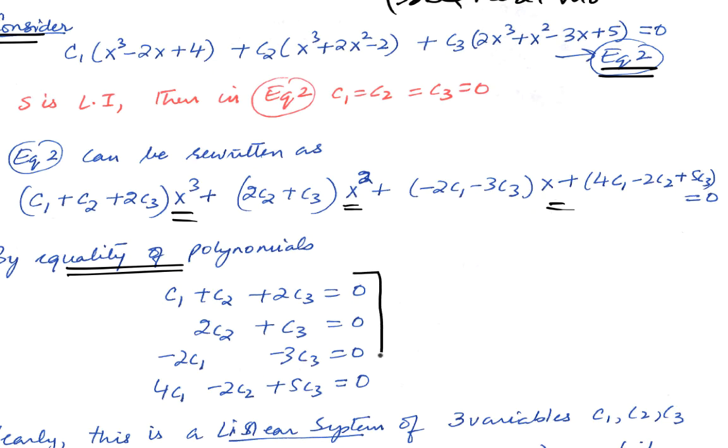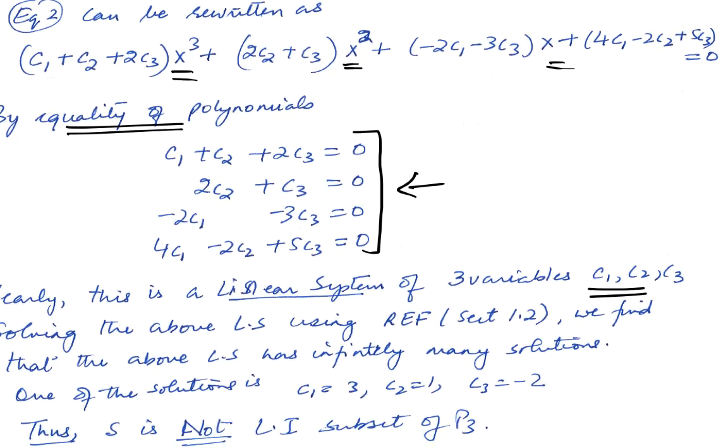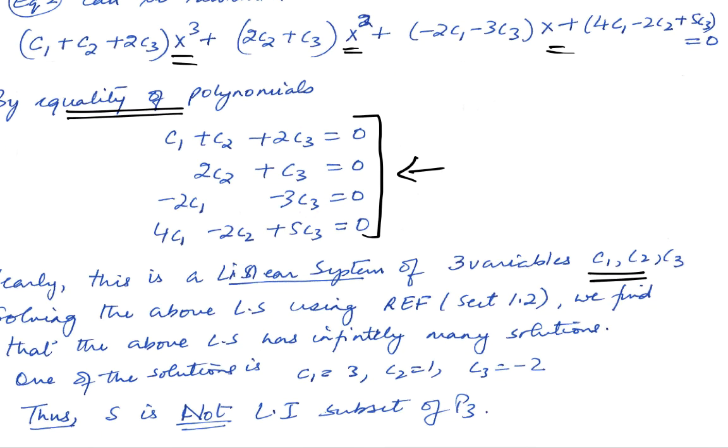What do we end up with? We end up with a linear system of equations in the variables C1, C2, C3. Now, we all know how to solve these problems. We go back to section 1-2, which is basically applying the row echelon form. I hope you're a pro in that by now.